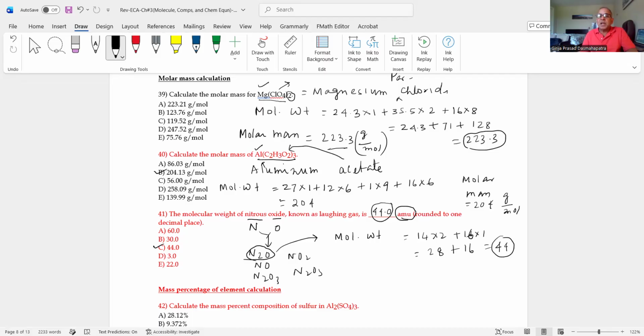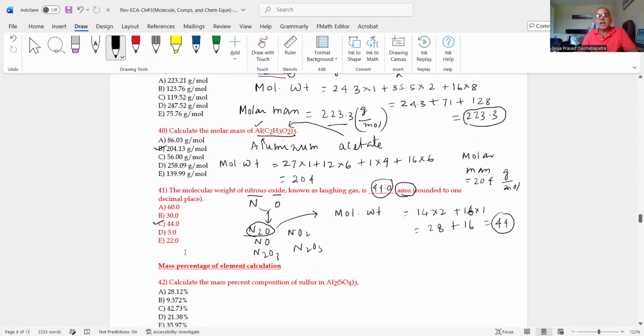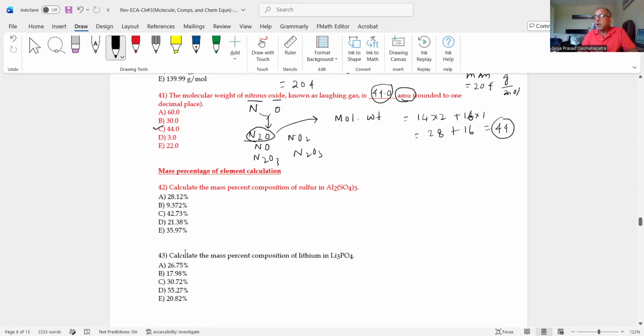So it is exactly 44. If you want, you can add AMU, but normally people work without units. So the molecular weight of laughing gas, which is nitrous oxide, N2O, is 44. Okay. So now you understand how to find out the molecular weight or the molar mass.